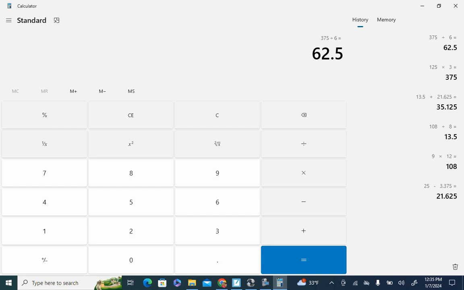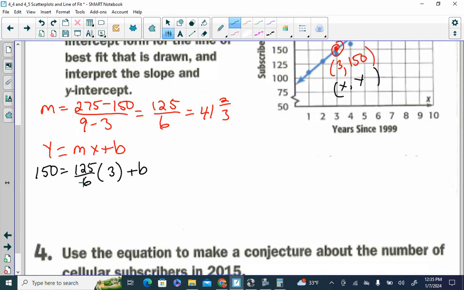Right, like that. So it's going to be 62.5 plus b equals 150. And then when we subtract, we wind up with what? Subtract 62.5, subtract 62.5, we wind up with 87.5 is our b.